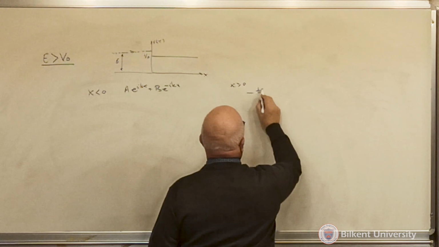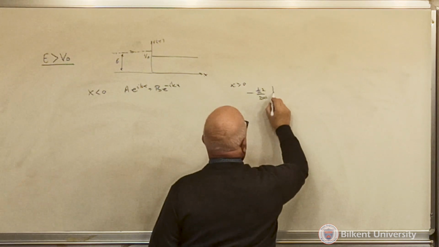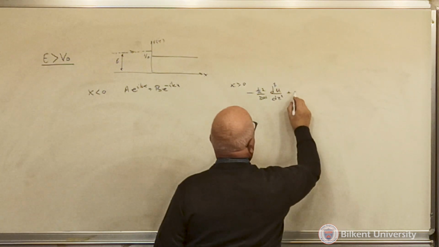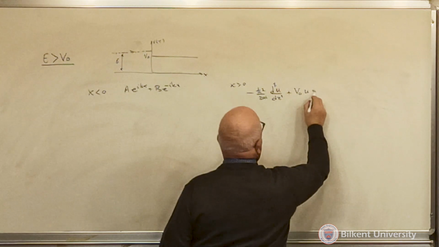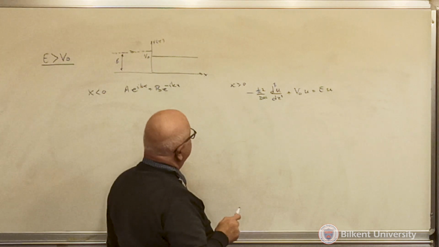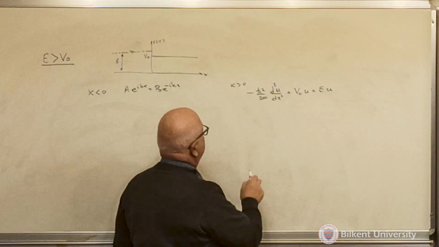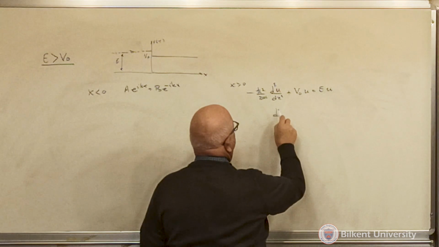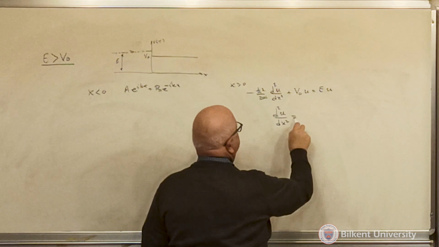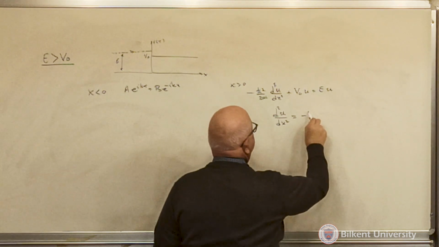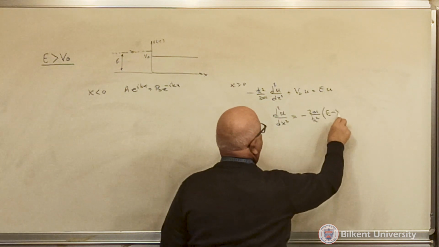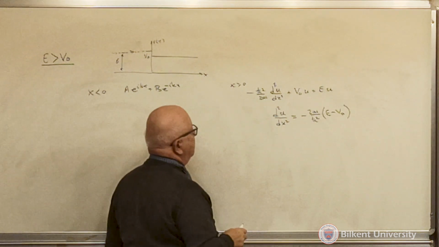So minus h bar squared over 2m d squared u dx squared plus V0 u is equal to E u. Now E is greater than V0, so let me write this with positive quantities: d squared u dx squared is equal to minus 2m over h bar squared times E minus V0, times u.